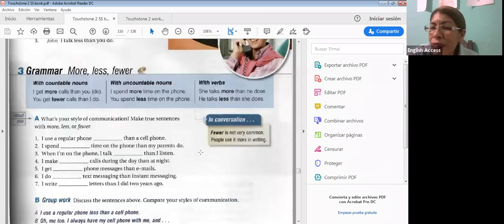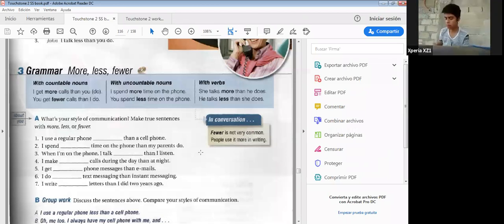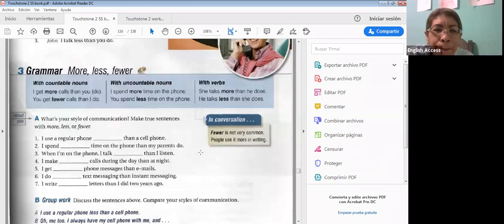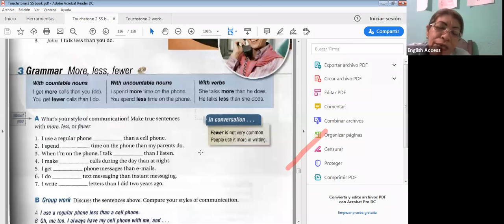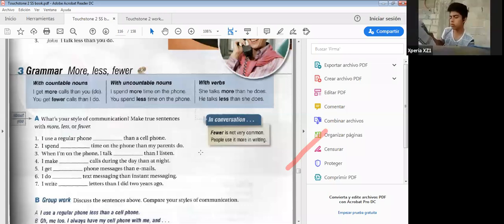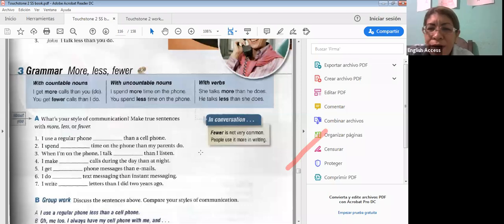Do you have questions about lesson B, guys? Yes, tell me, Julio. Grammar 3, more or less, fewer. The sentences, number 7. I write more. Remember, it's with your personal information. You can say more or you can say fewer. It's the opposite.